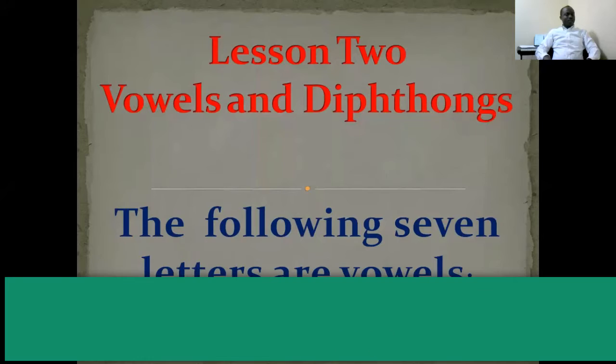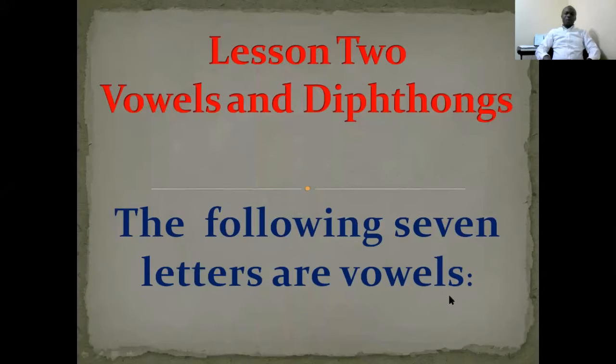Remember, in the first lesson, we promised that the second lesson will feature the vowels, the diphthongs, the breathing marks, and the punctuation. The vowels and the diphthongs. The following 7 letters are vowels.